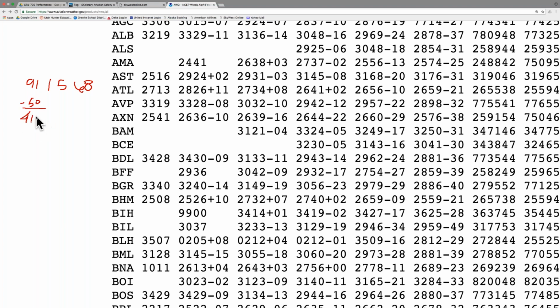Is that found on the compass rose? 410? No. That is greater than 360 degrees. Is it a 9900? No. So this is not logical, and therefore you would never see it on our graph.